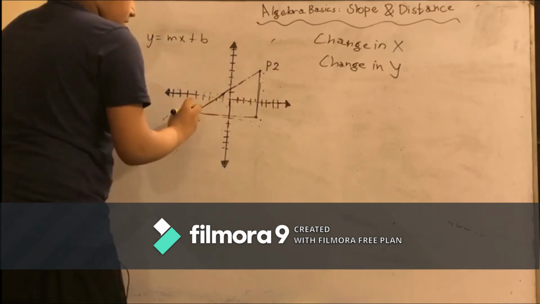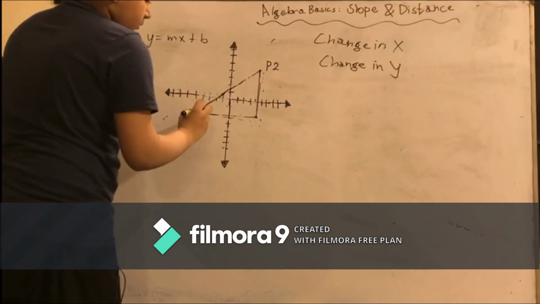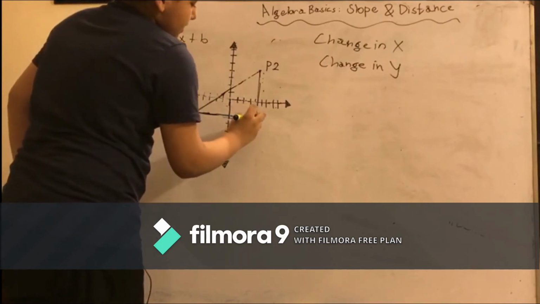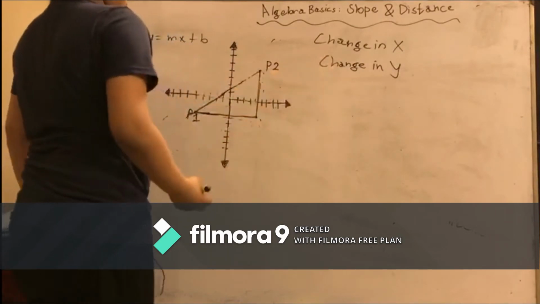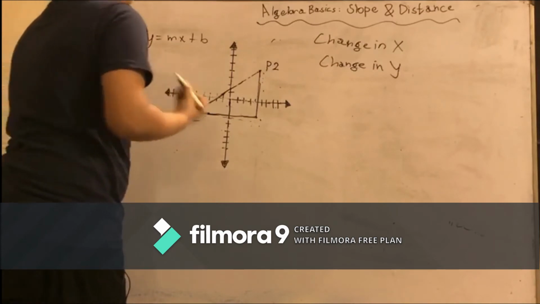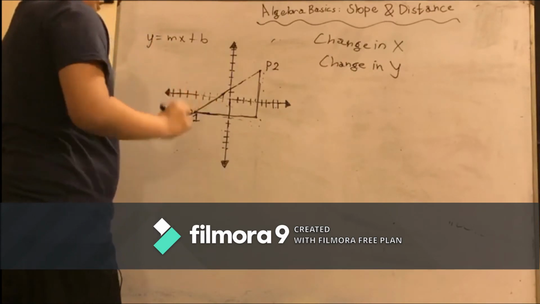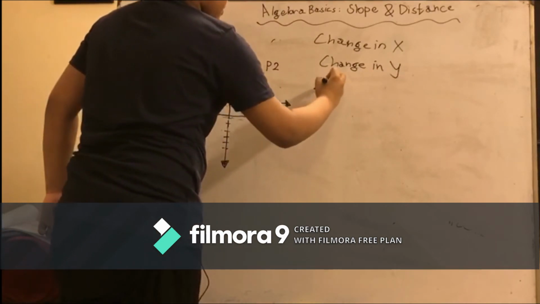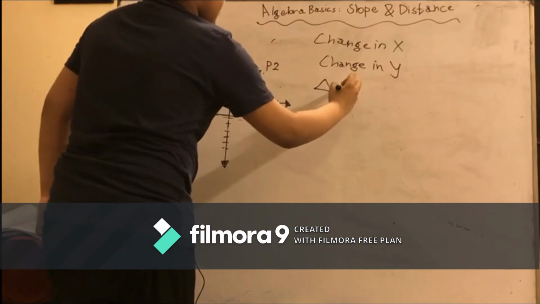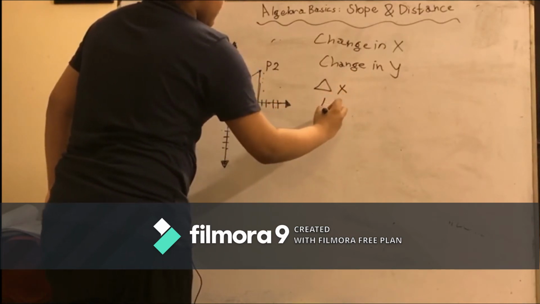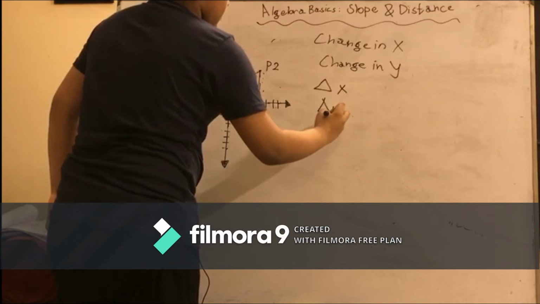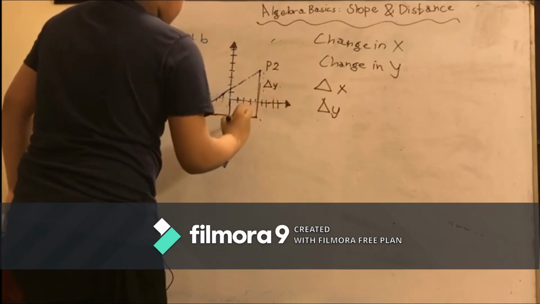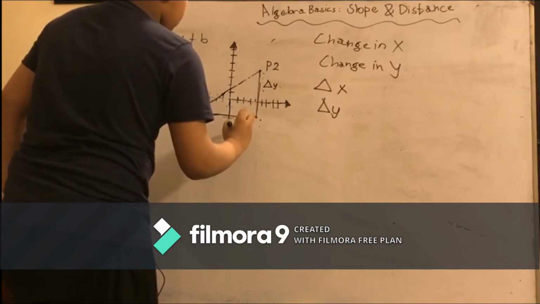And here, the x direction will be different and the y direction would be the same. So this is change in y and this is change in x. These are weirdly long names, but we have a short form from the Greek letter delta. We use delta as a short form for change in. So this is delta y and this is delta x.